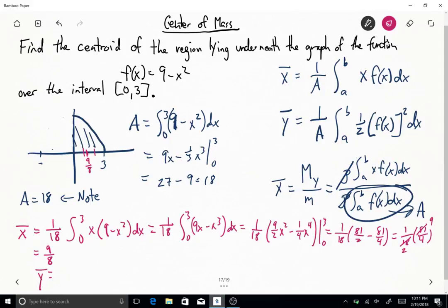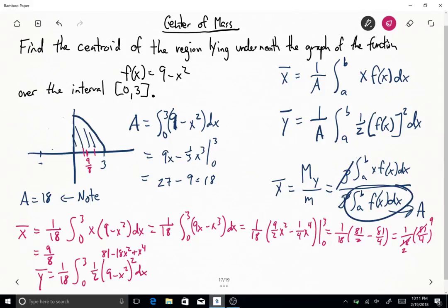Otherwise we got issues. So our next center of mass, we have 1/18. This one should be a little bit nicer in some regards, and well, it depends on how you look at it, I guess. So there's no x to multiply out. We'll have 1/2 f of x, so we get 9 minus x squared, and then we're squaring that thing. Right? But that's not too bad. We just go 81 minus 18x squared, and then plus x to the 4th. Right?